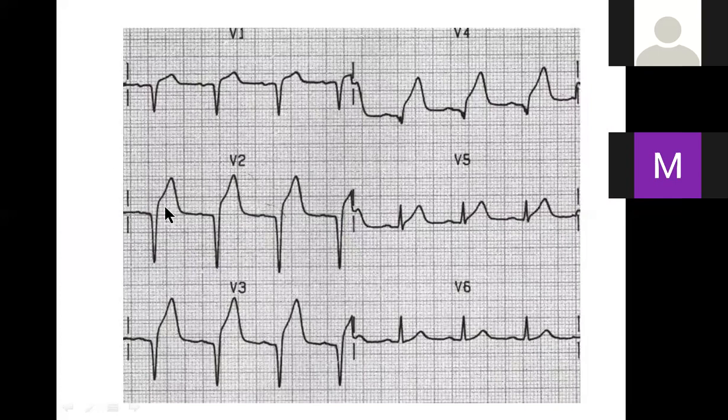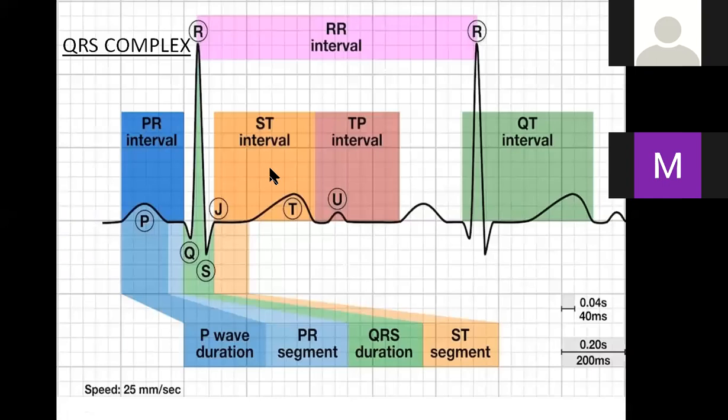Our next point is the QRS complex. As I told you, friends, this part is two and a half boxes. If it is more than two and a half boxes, then it is widened.